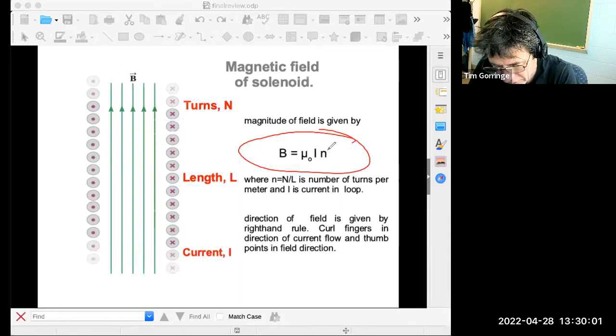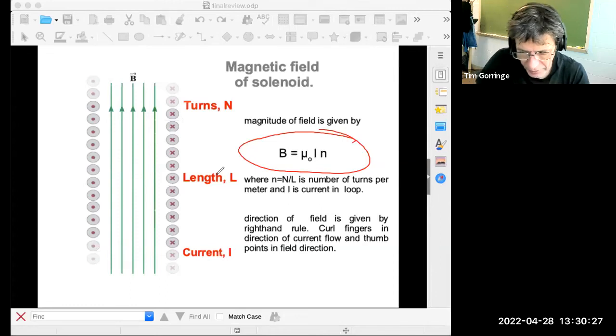And then this lowercase n here is the number of turns of the solenoid per unit length of the solenoid, so the number of turns per meter. It's not simply the number of turns, it's how closely or densely those turns are packed. And so that's this quantity here. Okay, so that's the magnitude of the magnetic field of the solenoid.